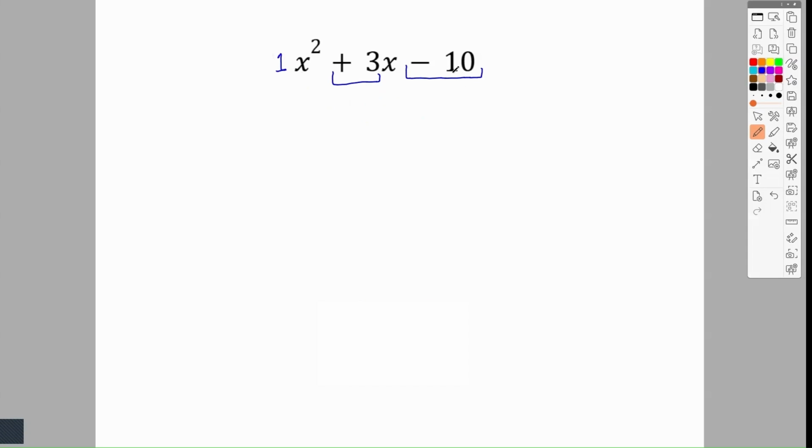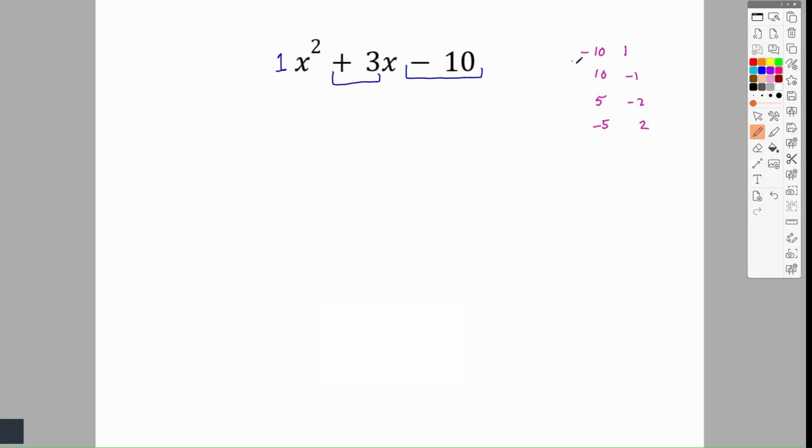So let's try to list the factors of negative 10. Could be negative 10 and 1, or 10 and negative 1, 5 and negative 2, negative 5 and 2. So these are all of our options.